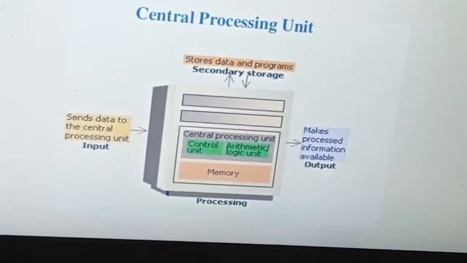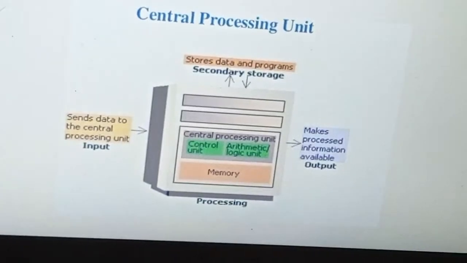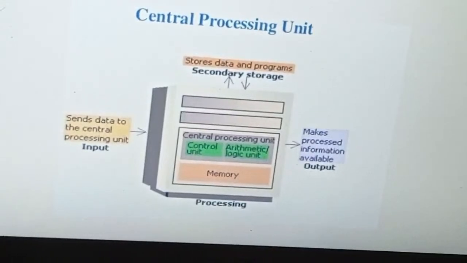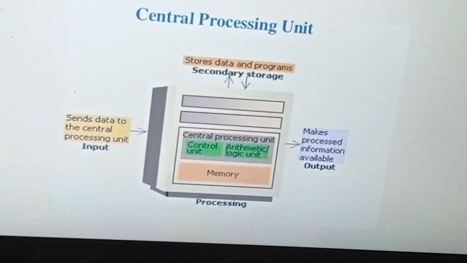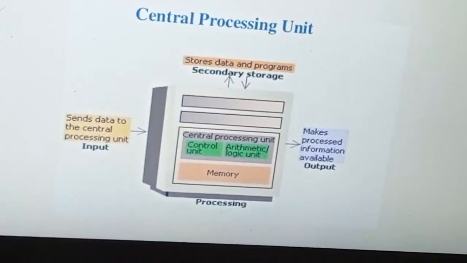Coming to output devices, an output device is any peripheral that receives data from the computer, usually to display, project, or physically reproduce it. For example, the monitor and printer are the two most common output devices used with a computer.